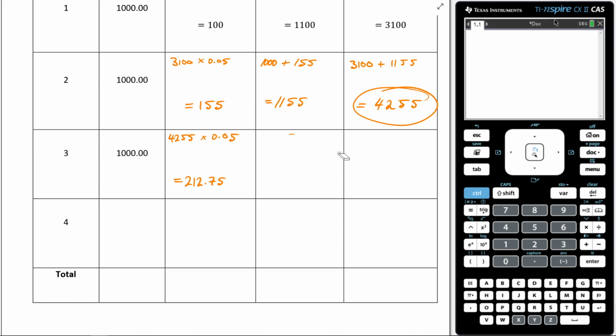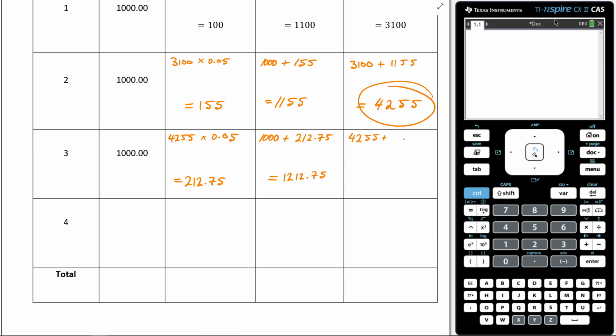That's the amount that I'm paying in, which is $1,000, plus the interest I'm going to generate, 212.75. When I add those together, the principal increase here is 1,212.75.